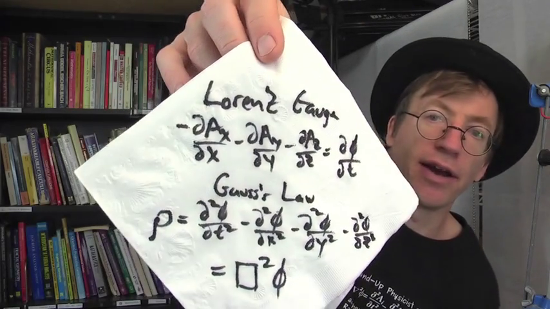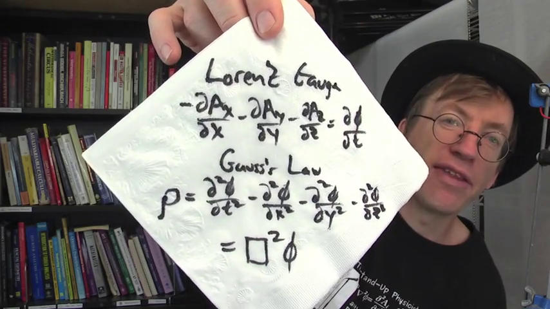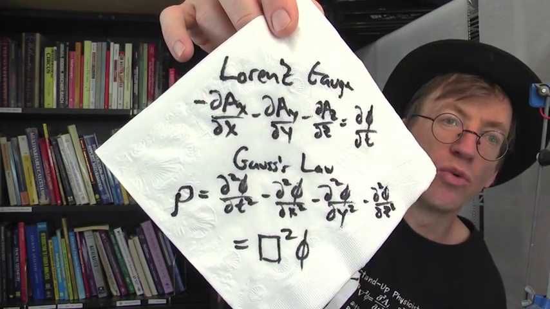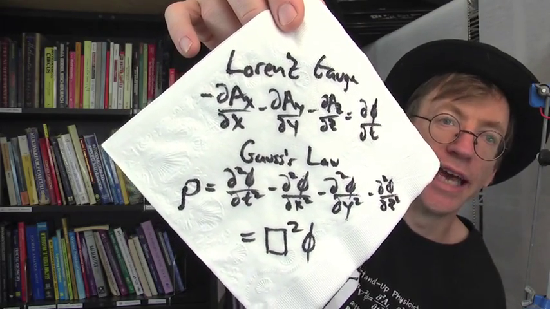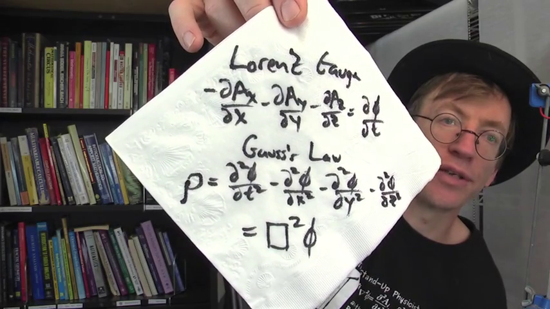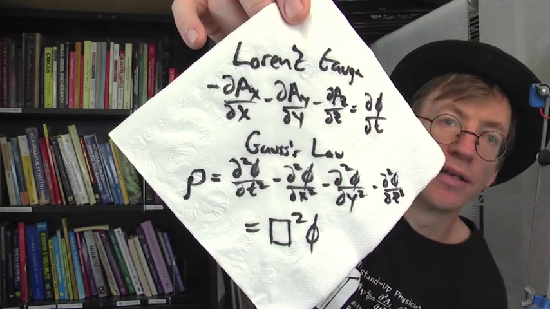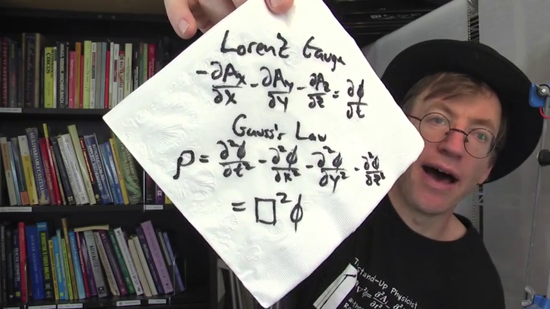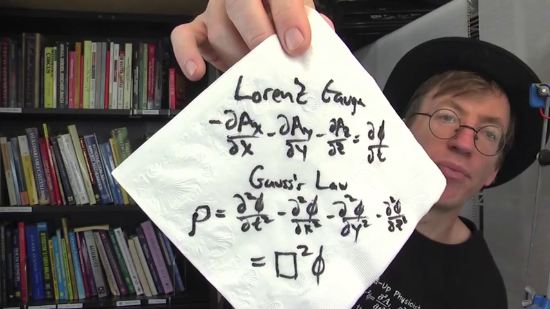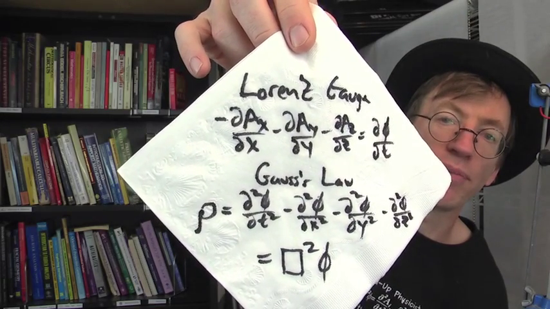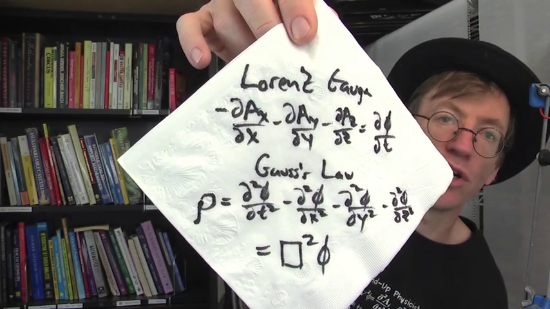That the whole expression becomes rho, the charge density, equals the second order time derivative minus the second order space derivative, basically. And they even abbreviate that a little bit more with that box squared, which is called the D'Alembert operator. All right, cool. So let's just summarize the results.